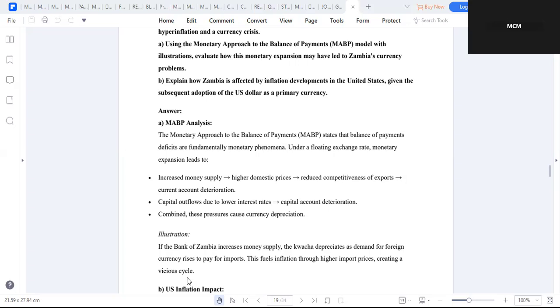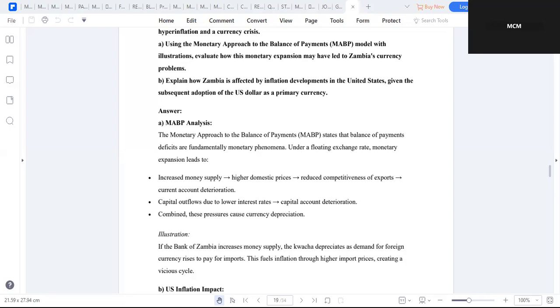If the Federal Reserve increases the interest rates to fight US inflation, the dollar would strengthen globally, and for Zambia it would mean a high cost of dollar-denominated debt, meaning the debt servicing burden will increase. The other implication would be an increase in the cost of imports like fuel, medicines, and machinery. And Zambia could not counteract these shocks through its own domestic policies because it is depending on a foreign currency.